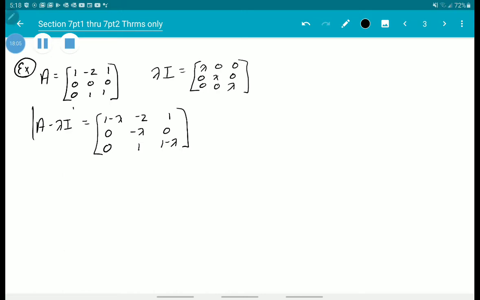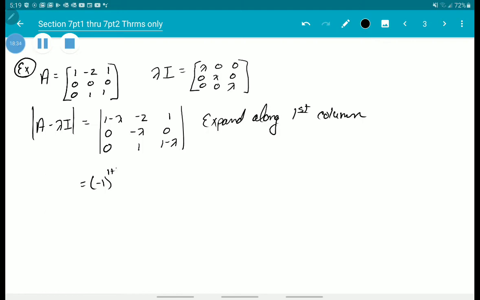To find that determinant, I'm going to use determinant notation now. I'm going to do a column expansion, expanding along the first column. So I'm going to have -1 to the 1 plus 1 times 1 minus lambda.